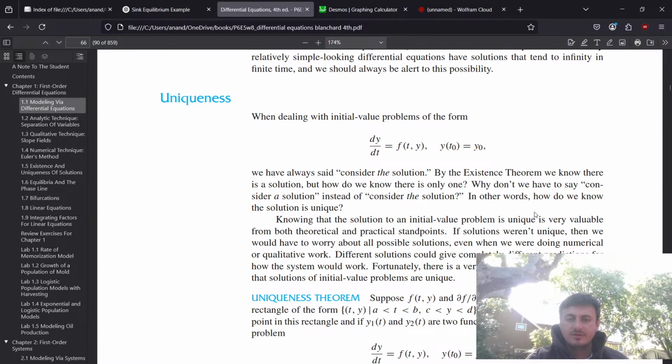All right, knowing that the solution to an IVP is unique is very valuable. If solutions weren't unique, we'd have to worry about all possible solutions.